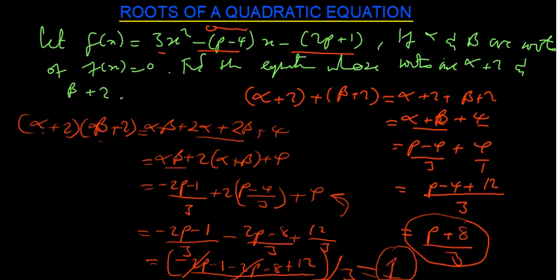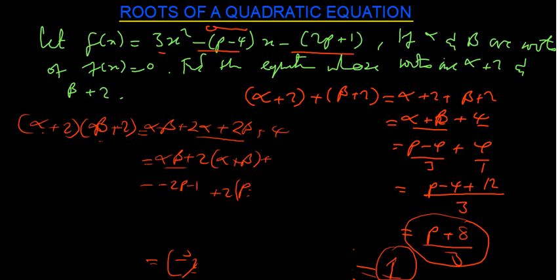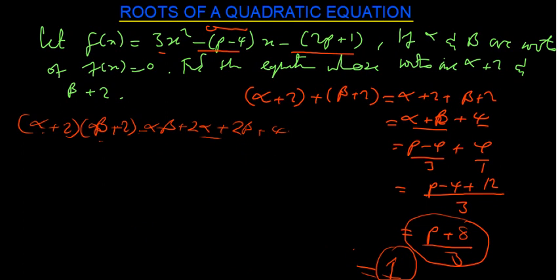Okay, that will be the product. Now the question is, find the equation whose roots are alpha plus beta and alpha times beta. So the one we found is the product, and then that other one, the p plus 8 over 3, is the sum.